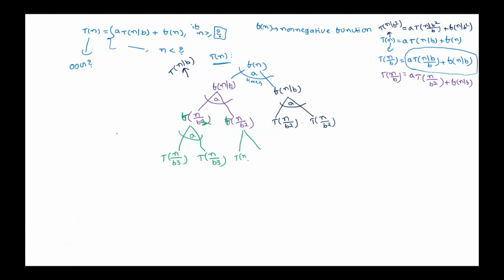T of n by b cube, T of n by b cube. Here also f of n by b square. This also T of n by b cube, it is a times. This also if we expand, this will be T of n by b cube. This also will be T of n by b cube. Is that okay?